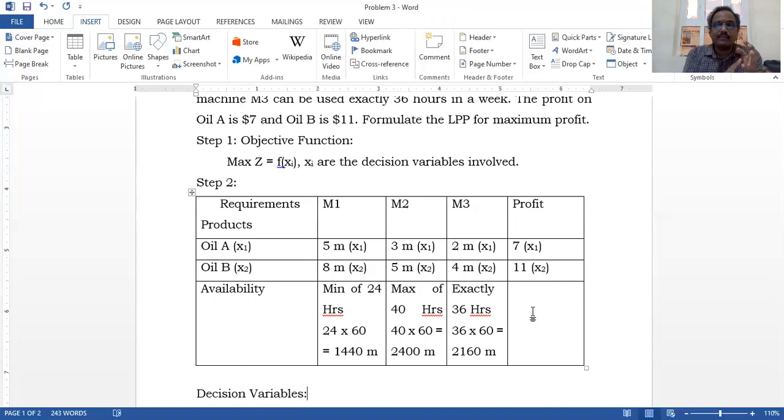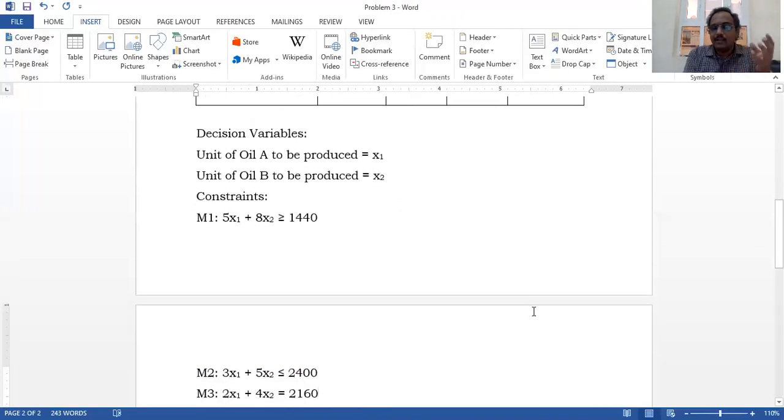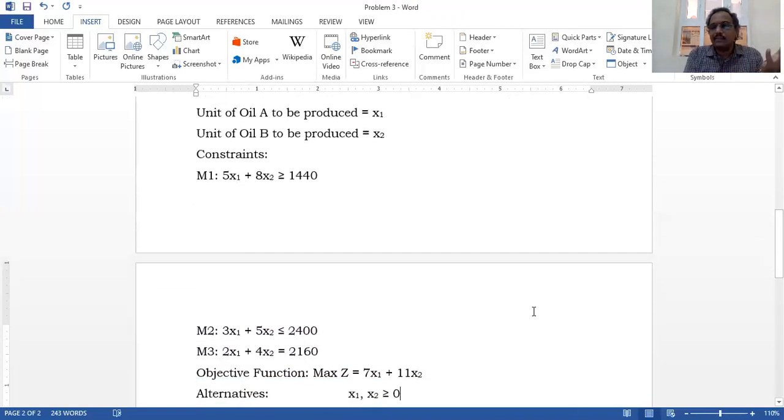You have to check whether you are using all the values in the same units or not. Otherwise, convert them into the lowest unit. Always convert them into a lower unit. And then identify the decision variables, use the constraints, and define the objective function.